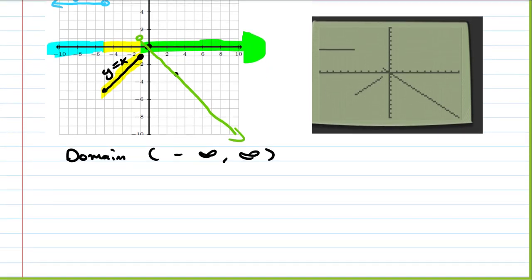And we have to be a little more careful with our range. So warning, this function, or this graph, is not continuous.